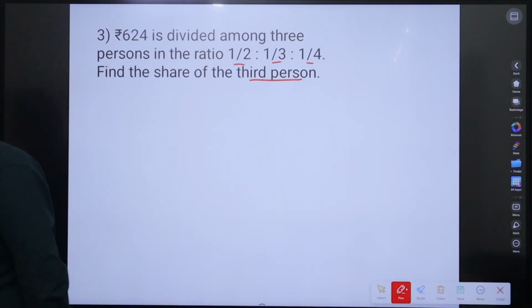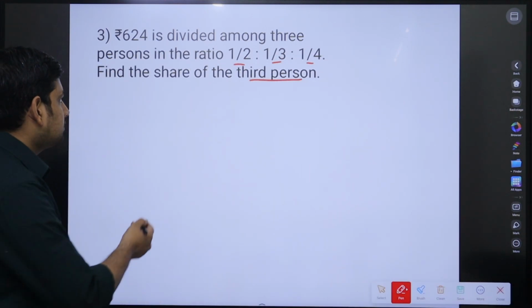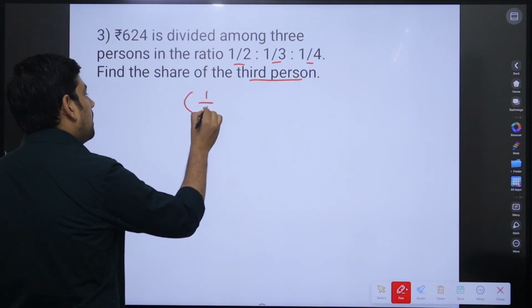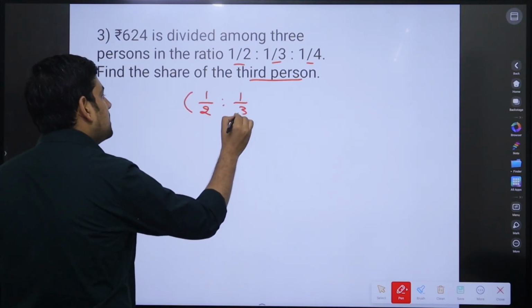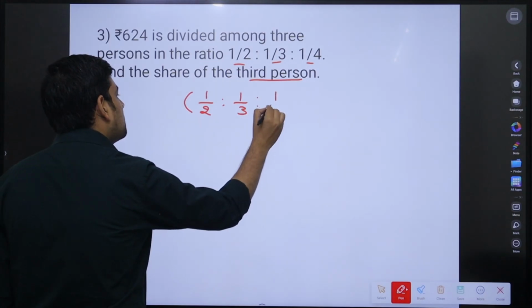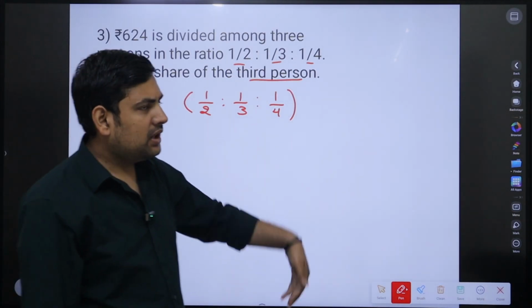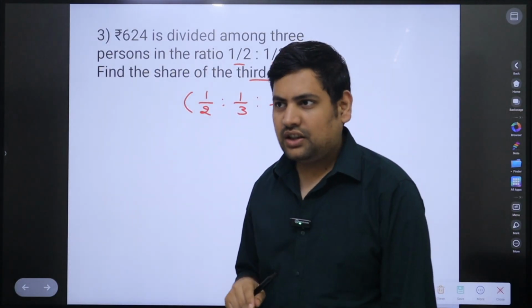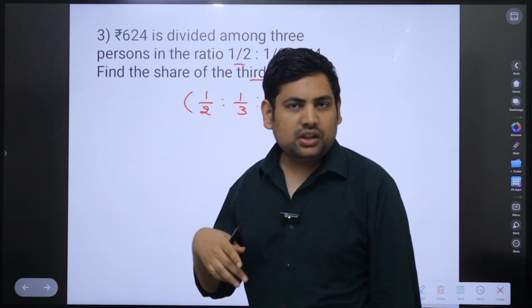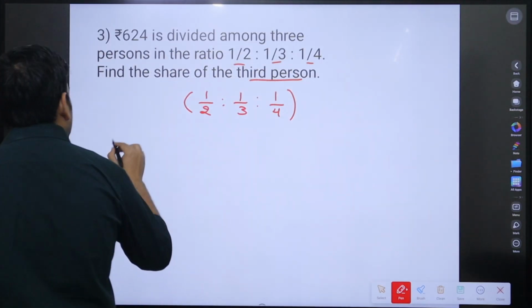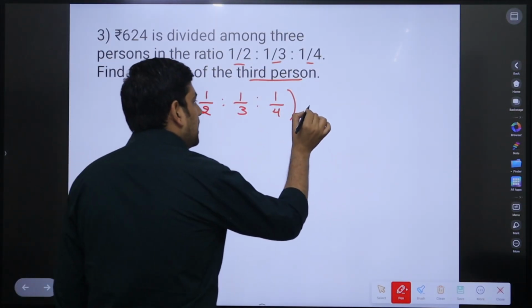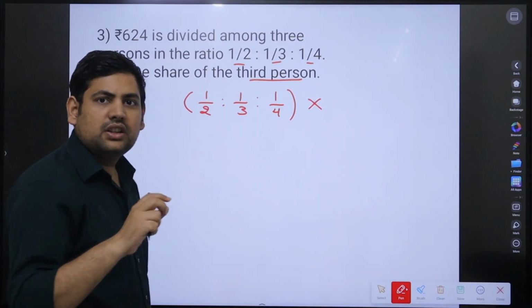Now, first of all, if you see this ratio, the thing that you can do is simplify this ratio first. So this is 1/2, 1/3, 1/4. Now this is a bit more typical to deal with. So what you can do instead is change this ratio into something simpler.